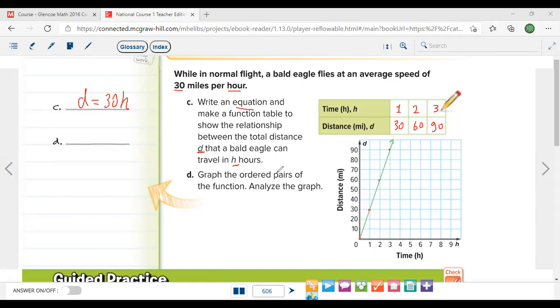Graph the ordered pair of the function, analyze the graph. Analyze, so we are going to say the function is linear. This is how we describe, is linear.